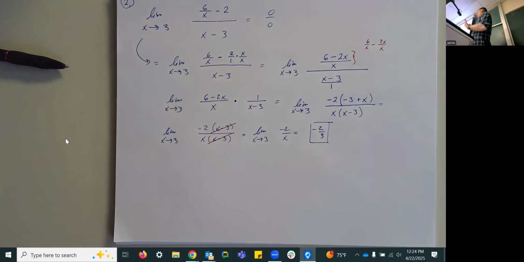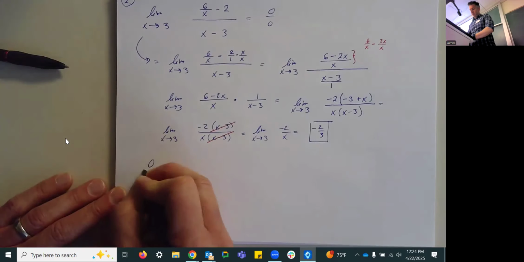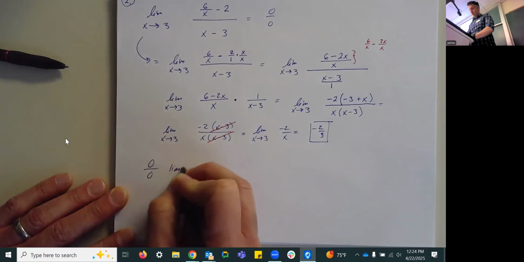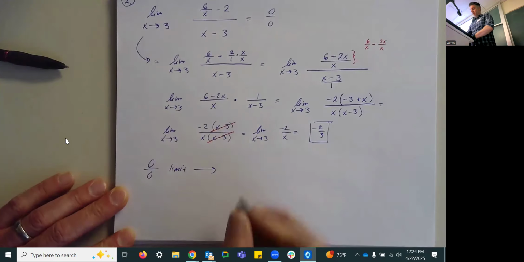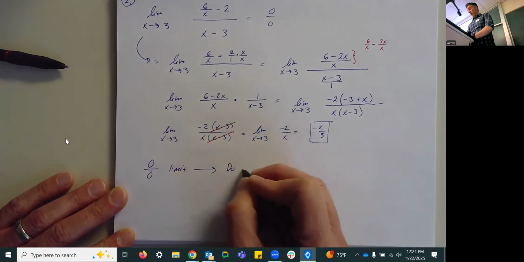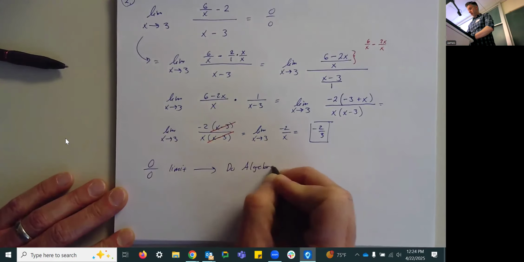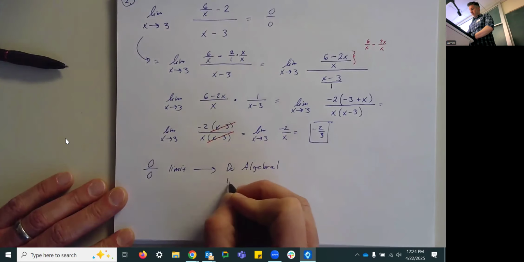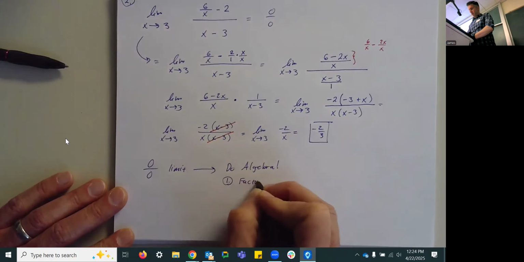So when we see a 0 over 0 type of limit and there isn't something else going on, it's kind of just algebraic terms like powers of x, square roots of x, things like that, fractions of x. Usually with a 0 over 0 limit, one thing we do is we like to say we do algebra. And the algebra could be factoring and canceling.